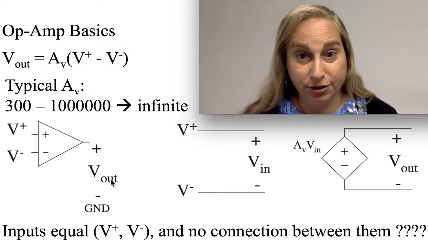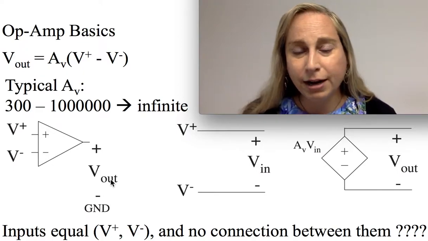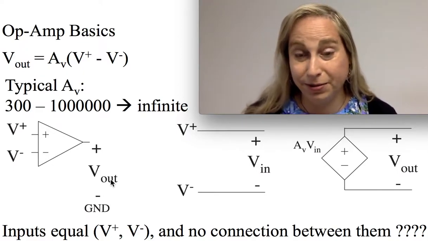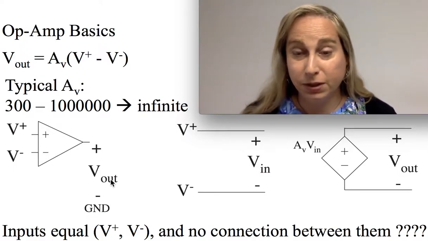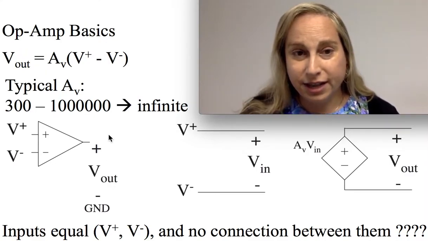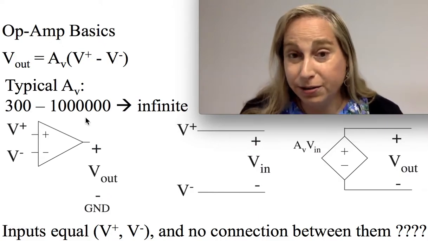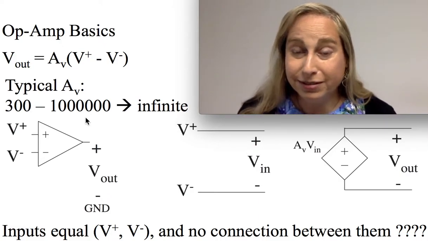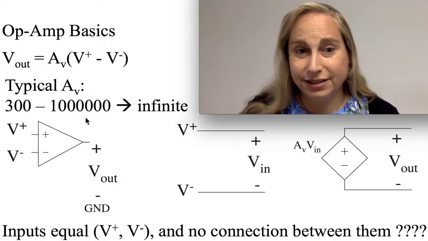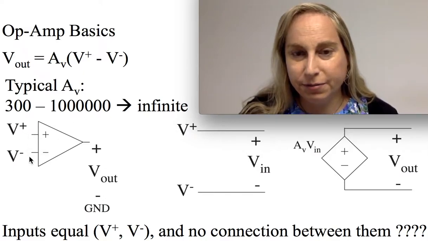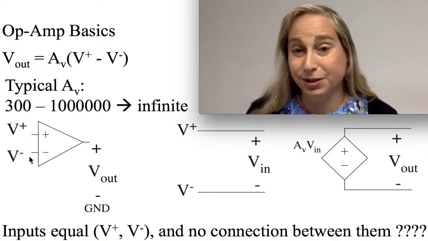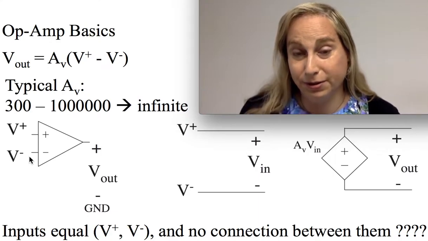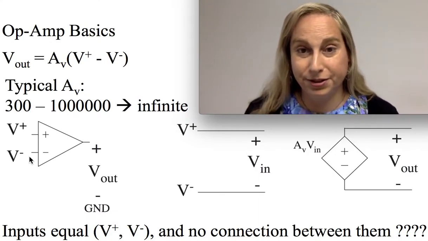That output voltage has to stay within the rails, say plus or minus 5 volts, a 10 volt swing. If my gain is 100,000, then V plus and V minus are going to be pretty close to each other, within 100 microvolts.